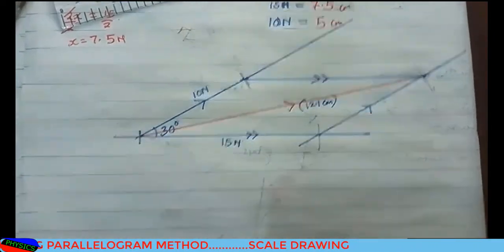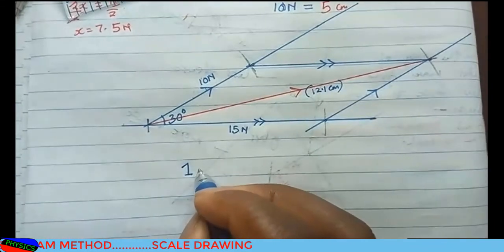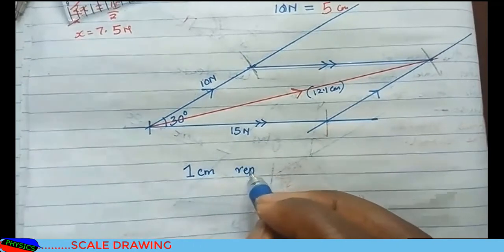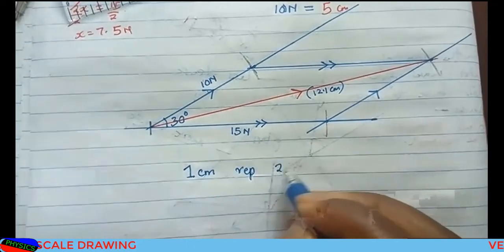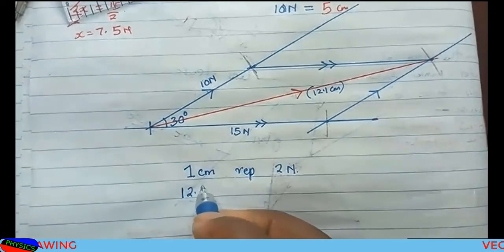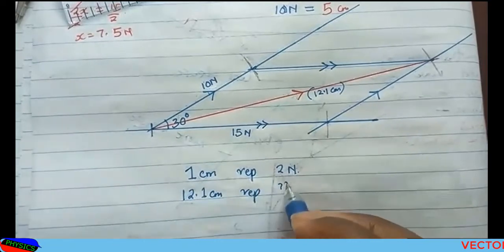So what I'm going to do is use now the scale. I had used a scale of 1 centimeter represents 2 newtons. So then I need to ask myself, what does 12.1 centimeters represent?